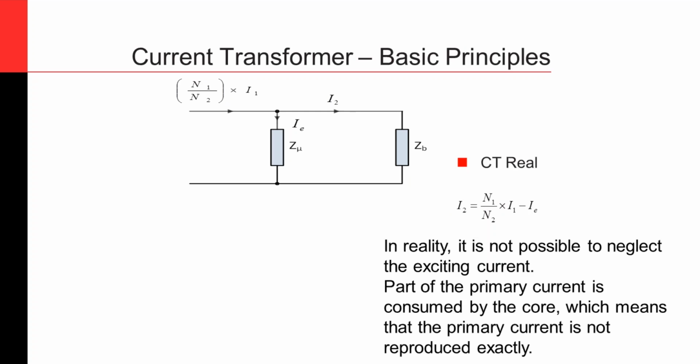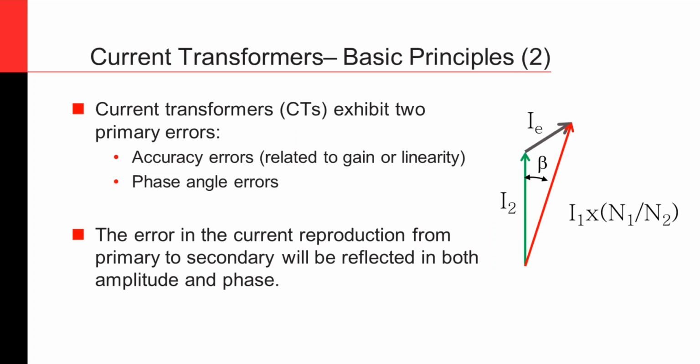So in reality, it is not possible to neglect the exciting current, also called magnetizing current. Now, if I have to represent this in a vector diagram, this is how it will be on the right-hand side of your screen.